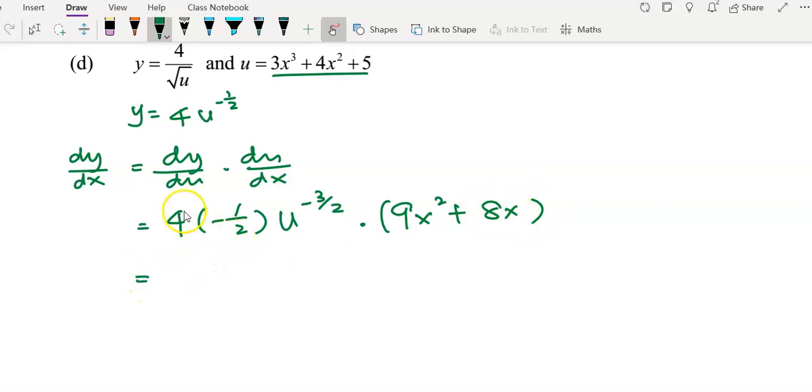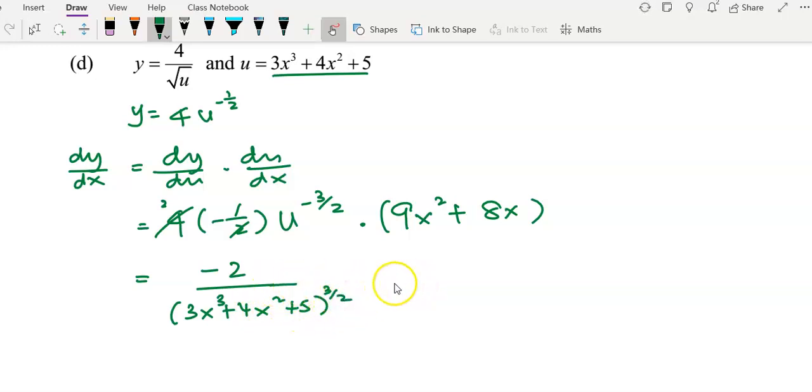Then we simplify it. Negative 2 over u to the power of 3 over 2. So the u, I will substitute back with 3x cubed plus 4x squared plus 5, to the power of 3 over 2, which is multiplied by 9x squared plus 8x.